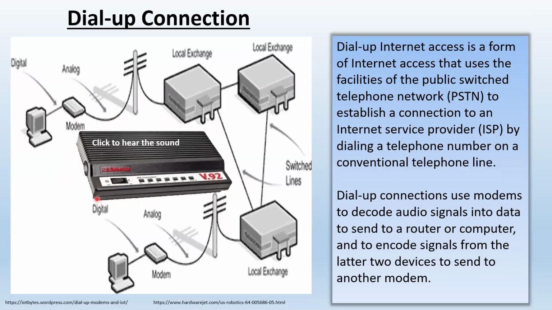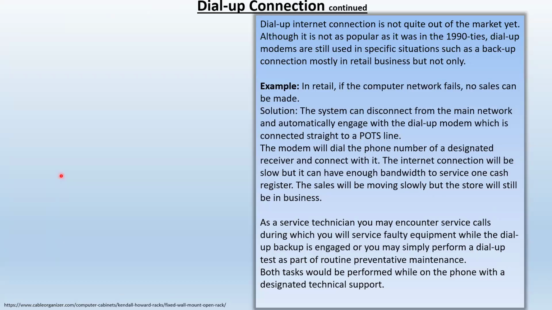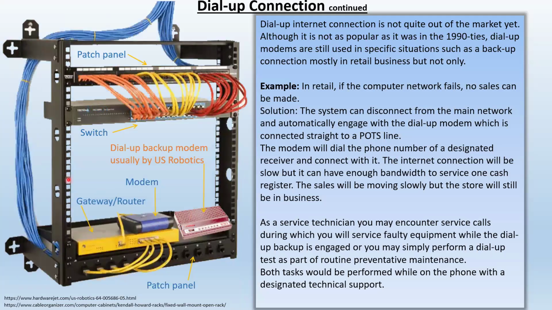And I can see a brand new US Robotics model, V92. And I go, oh, wow. I got some memories kicked in. So, yeah, things are still being used as far as the dial-up.